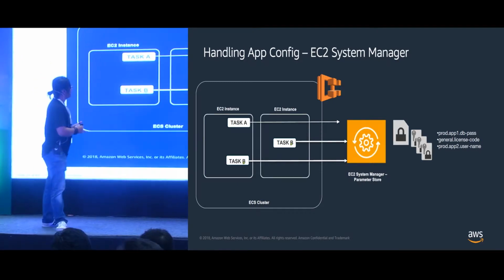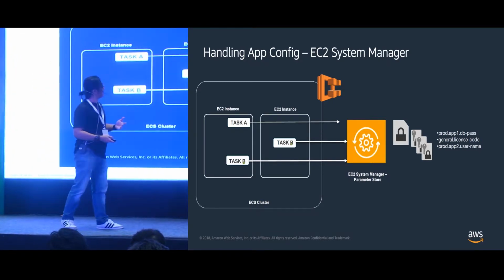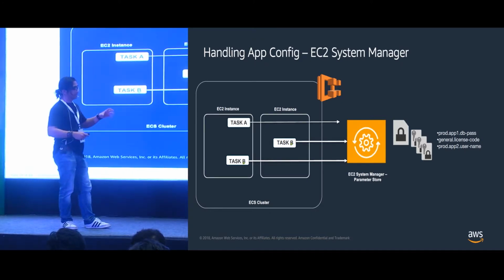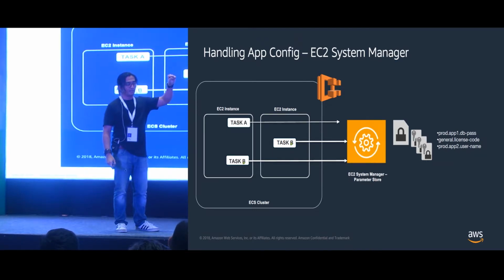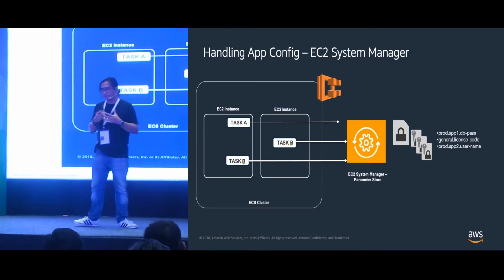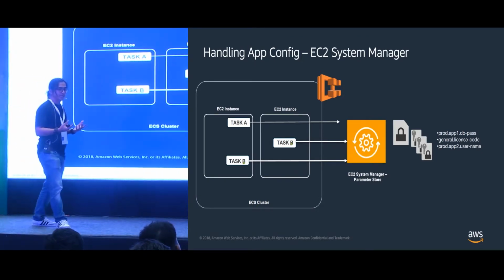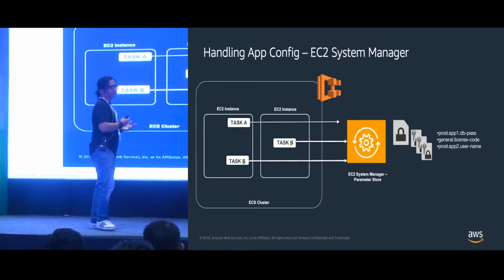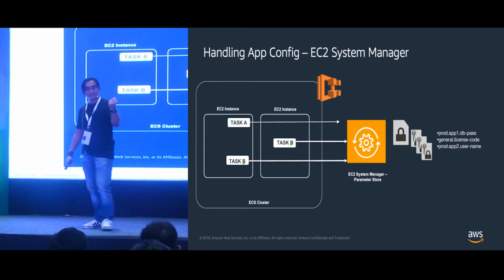There's another approach, which is using Parameter Store in EC2 Systems Manager, where you can have centralized configurations for your applications. It's really flexible. You don't need to package your own configuration files. You only need to point to the Parameter Store, so you have your centralized configuration.